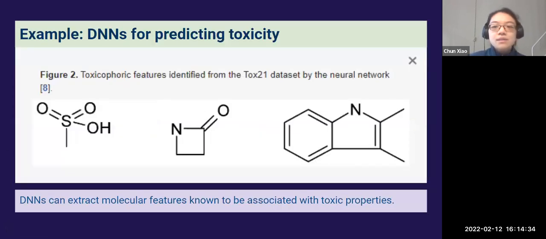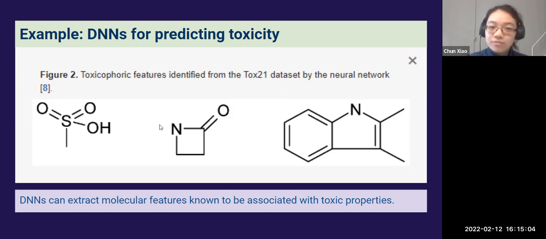Okay, so one example of machine learning that's being used in drug discovery is deep neural networks, or DNNs, for predicting toxicity. As you can see here, here are some toxicophoric features that are identified from a data set by a neural network. And when it sees these chemicals put together in a certain configuration, then it could be like, oh, I think these chemicals are going to be toxic because of these features.